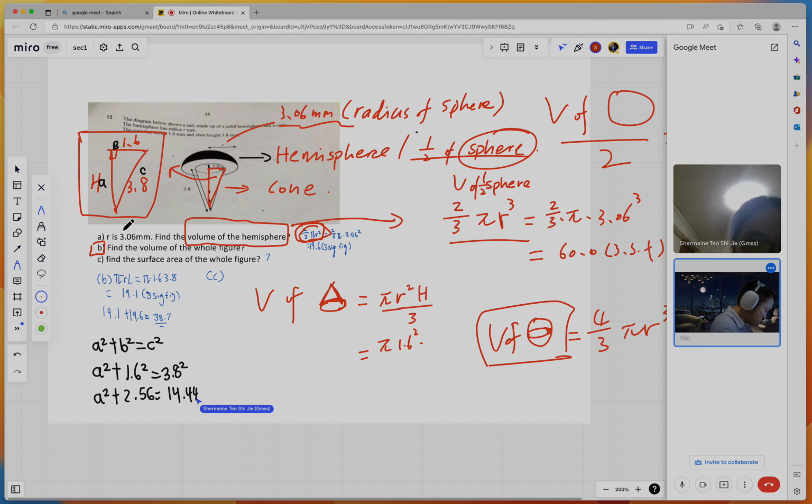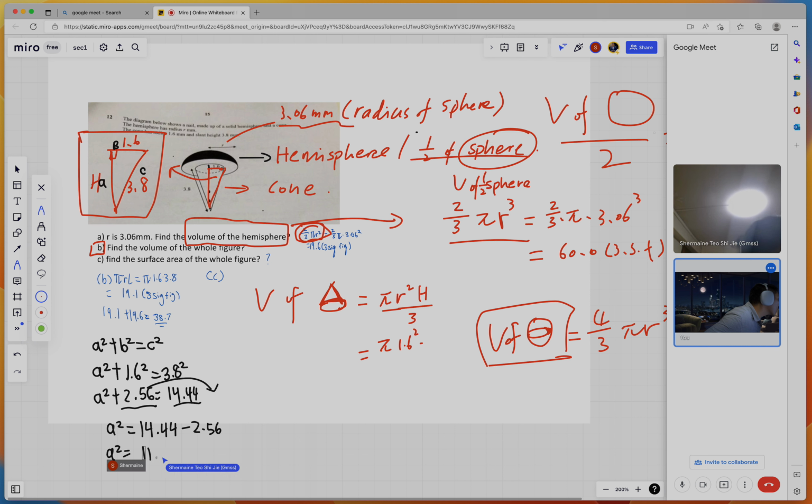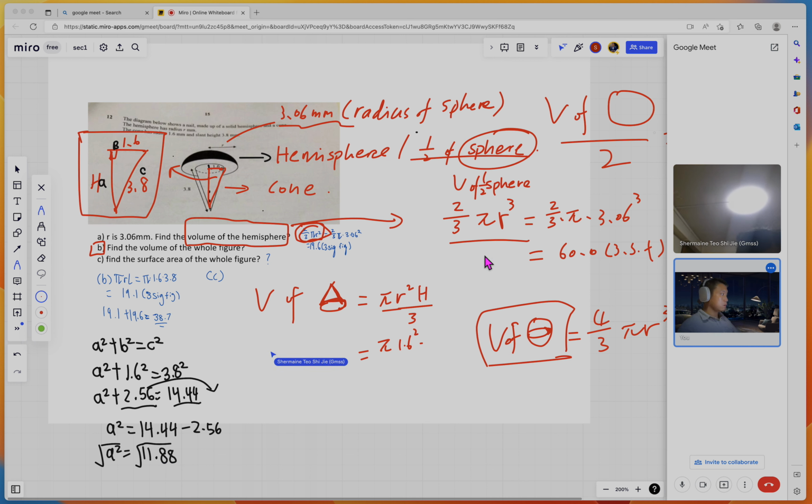Looks nice. Looks okay. Very good. Correct. That's the height. Okay?